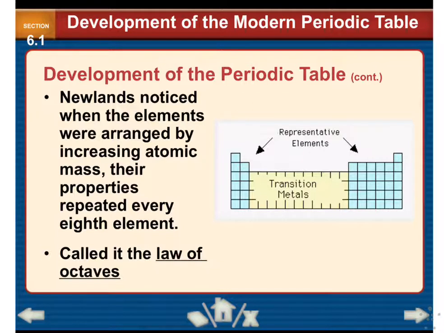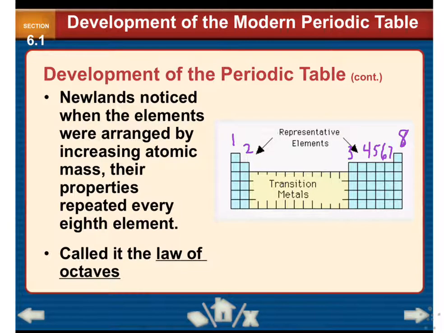And so if you take a look at my periodic table picture right here on this slide, mostly the elements that they knew in the beginning were the representative elements. And if you don't remember what elements those are, my arrows are pointing to them here. And if you look, the representative elements are eight elements wide.